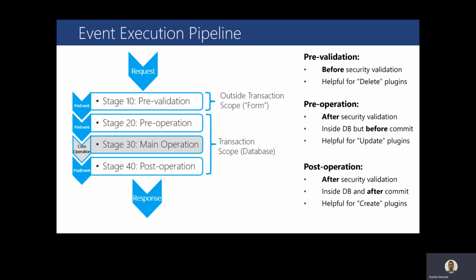You can also throw an exception from this stage, and in that case, the plugin transaction will not be committed, or the plugin will not be executed further, and your operation, depending on the type of the plugin, will not be completed.